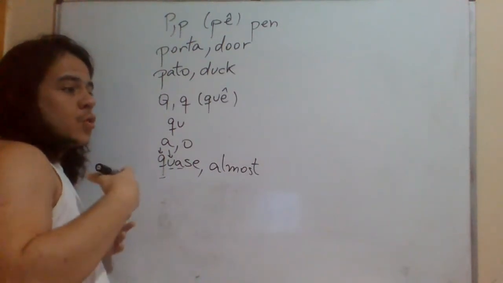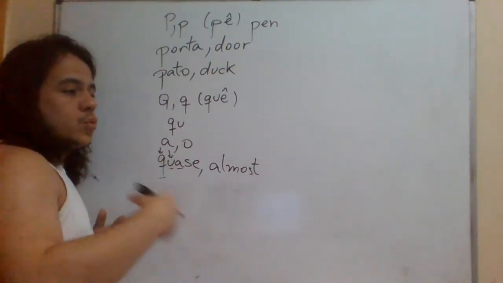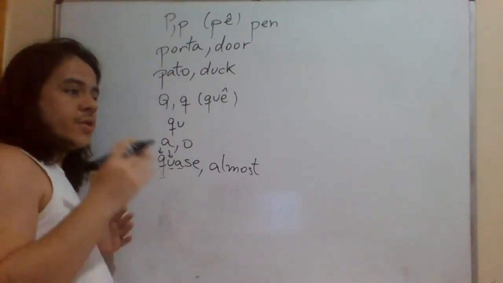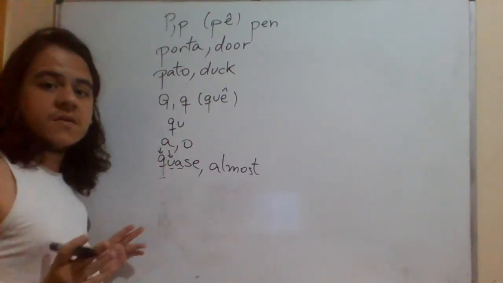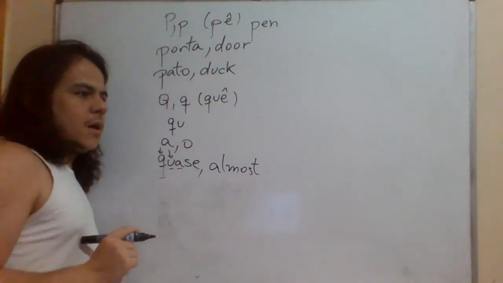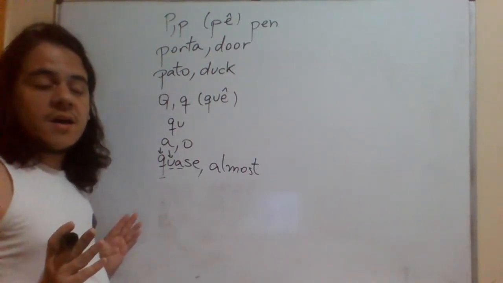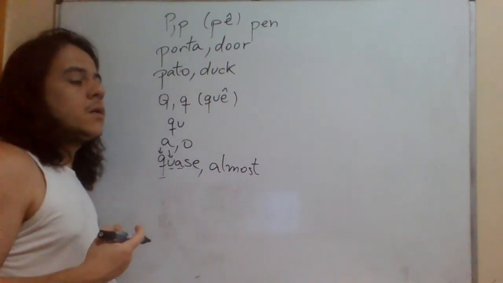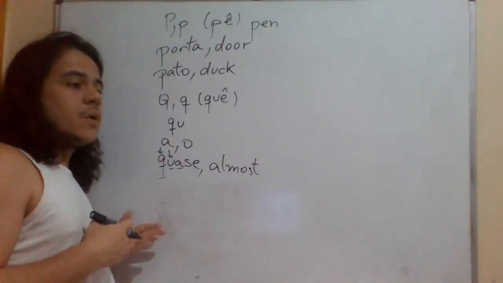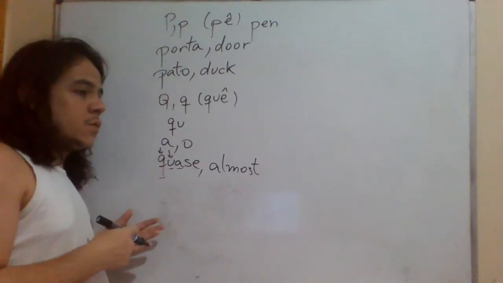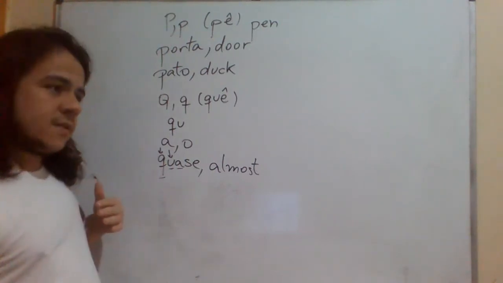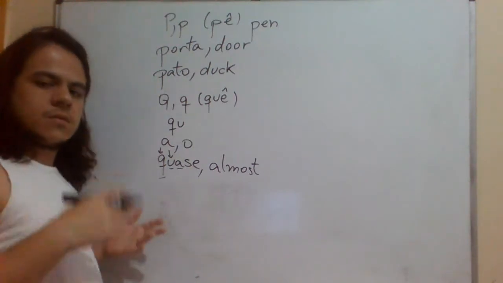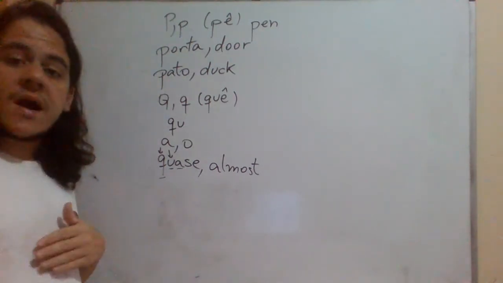We say quase, right? We pronounce the letter Q as a letter C, for example, or as a letter K, and we say the letter U as well. So here, quase. More natural, quase.